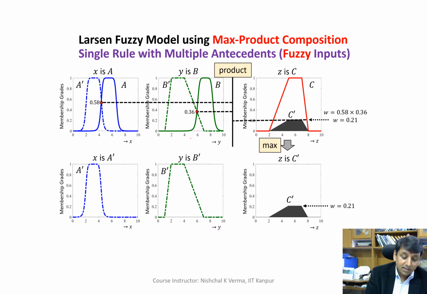But here the inputs remain the same. For the same input, we are getting these values as W11 and W21. Since we are using max product composition, we have to take the product of these two.